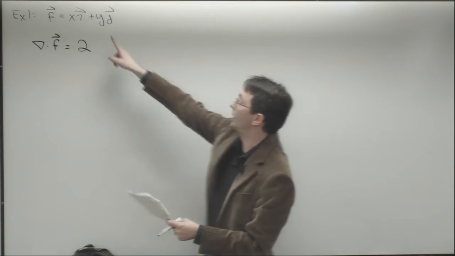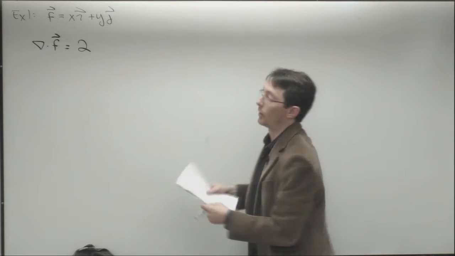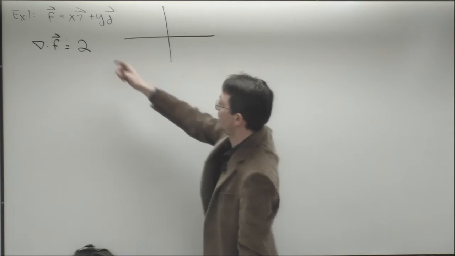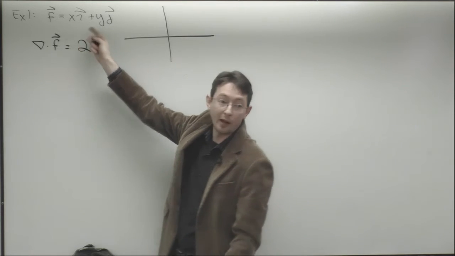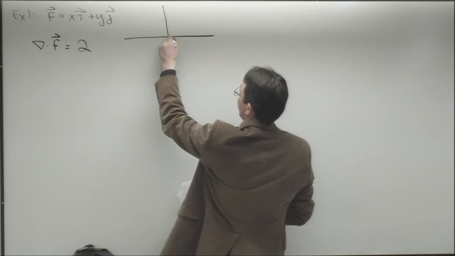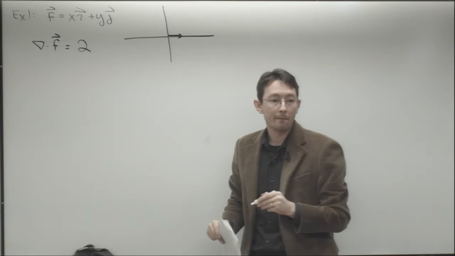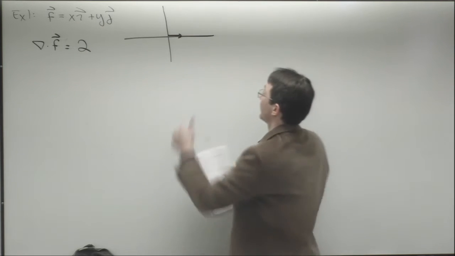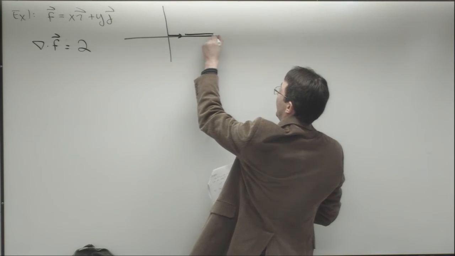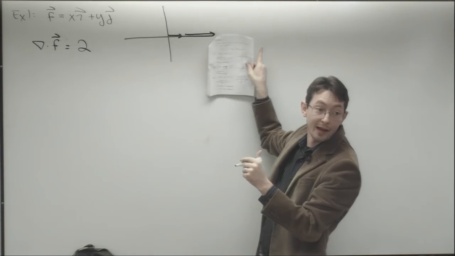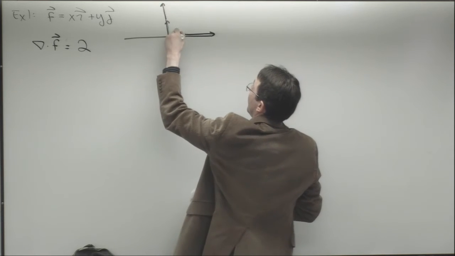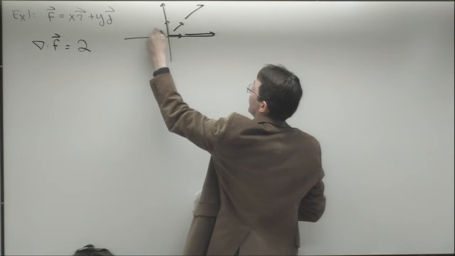And if I plot this vector field, what it looks like is, okay, so let's pick x equals 1, y equals 0. Then my f is pointing in the positive 1 direction. Let's pick x equals 2 and y equals 0. Then my vector is pointing in the positive 2 direction. So it's increasing in magnitude as I go away. Same thing with y.